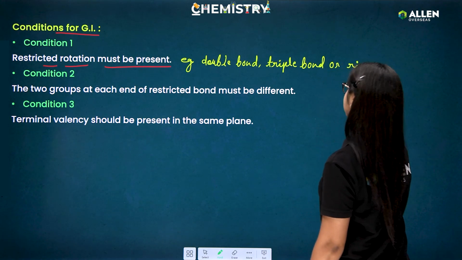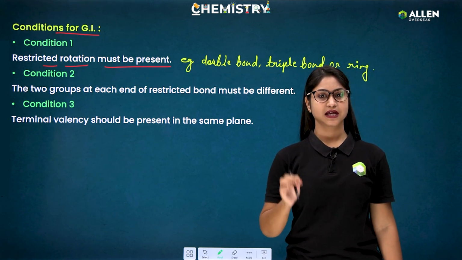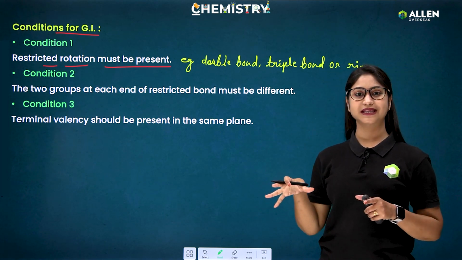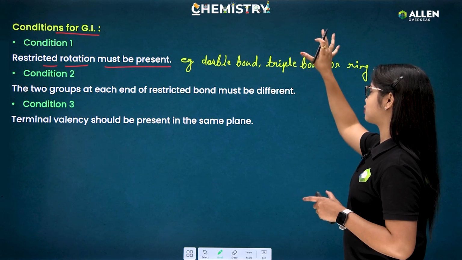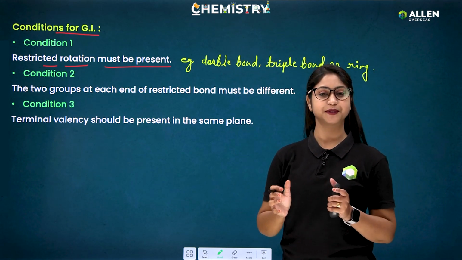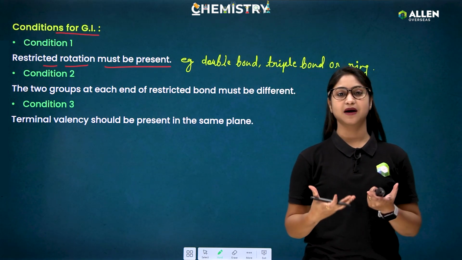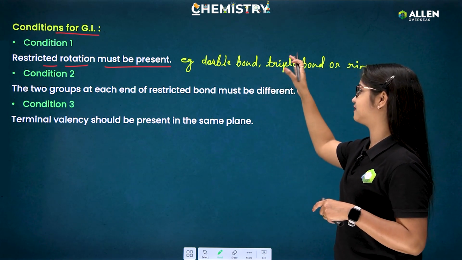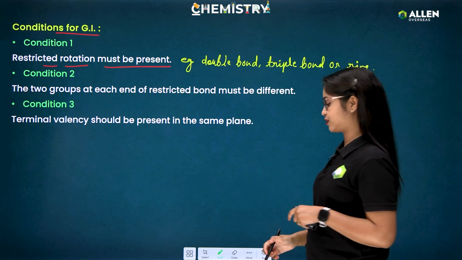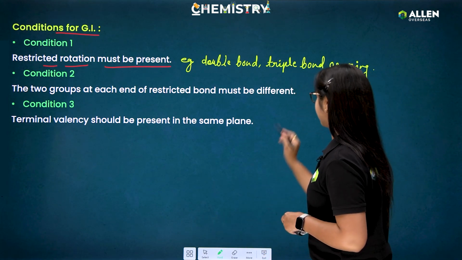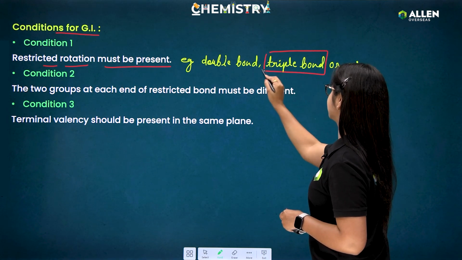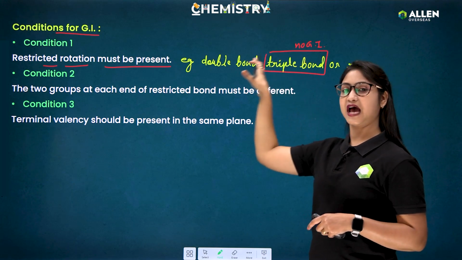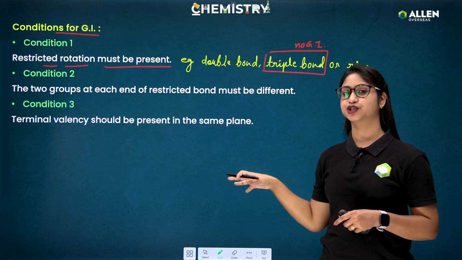Restricted rotation can be due to the triple bond also. But one thing we should remember: yes, the triple bond has restricted rotation, but around a triple bond GI is not possible, because it will not follow the other 2 conditions. So we can mark it and remove it from GI. No GI for triple bond, because it has restricted rotation, but the other conditions will not be followed.